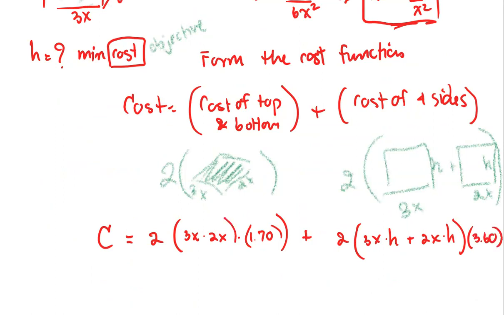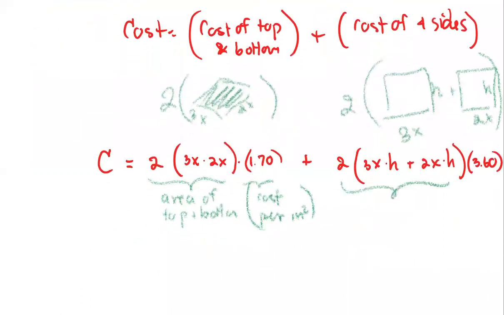I should put it in the same way as this one. So this is the area of top and bottom, and this is the cost per square inch. And this one is the area of 4 sides, and this is the cost per square inch. You guys okay so far?